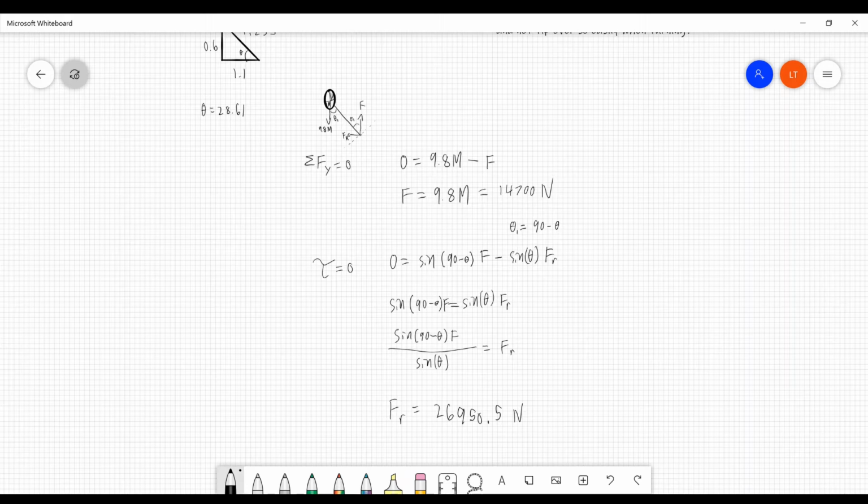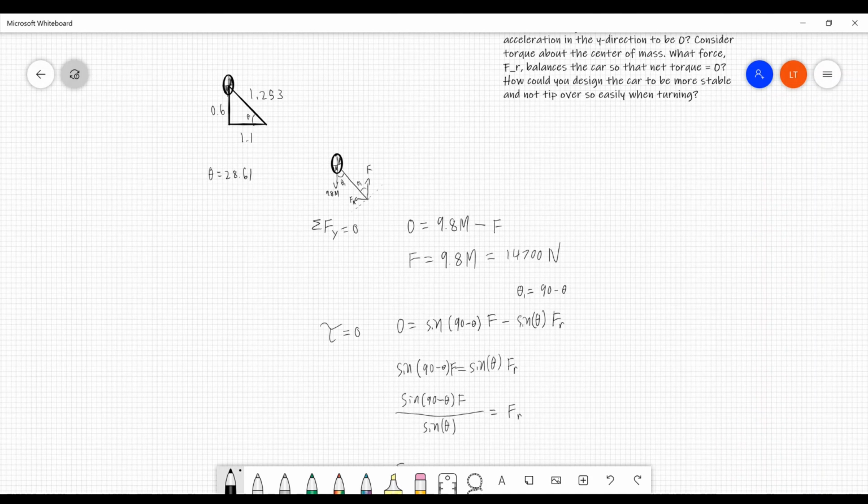If we set these equal to 0, then sine of 90 minus theta times the normal force has to equal sine theta times the centripetal force. Divide by sine of theta, and we know that theta is equal to 28.61 because we calculated it out with inverse tangent.